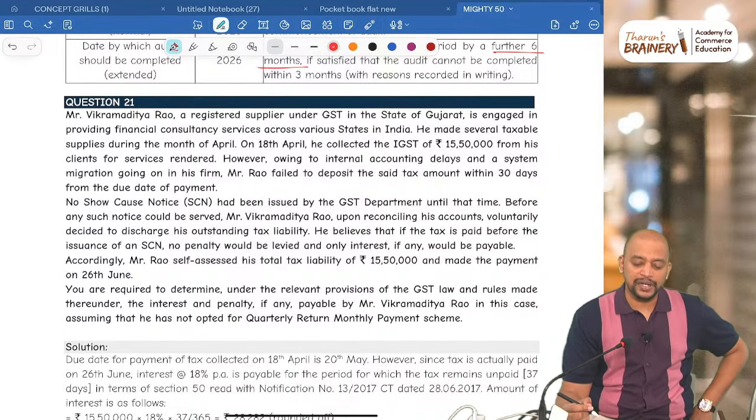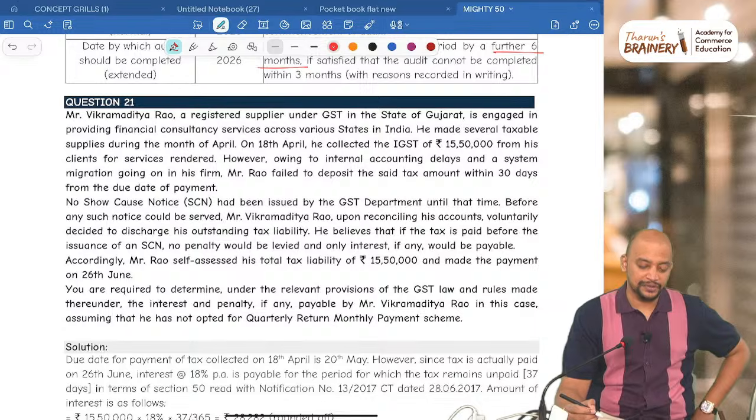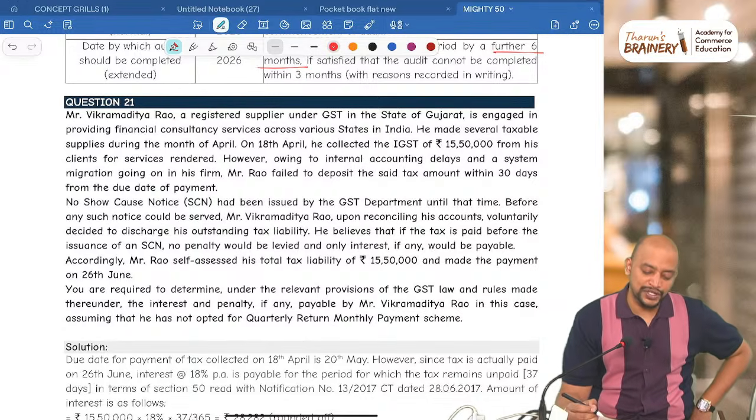On 18th April, he collected IGST of 15,50,000 from his clients for services rendered. However, owing to internal accounting delays and a system migration going on in his firm, Mr. Rao failed to deposit the said tax amount within 30 days from the due date of payment. No show cause notice has been issued by the GST department until that point of time.